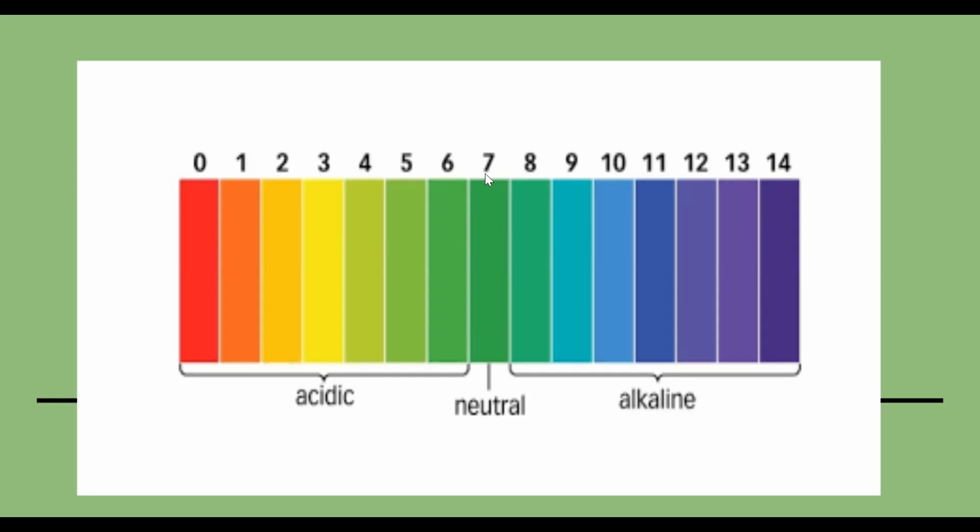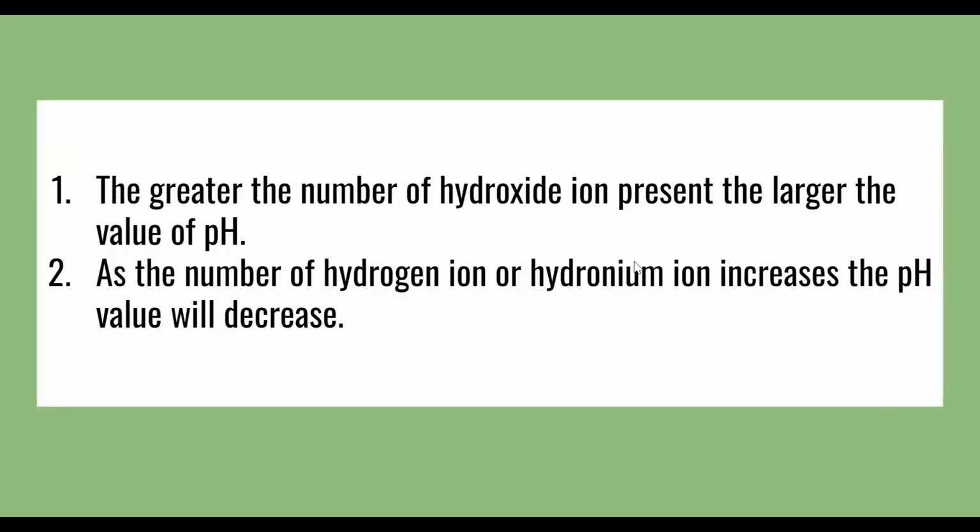We looked at it, water is neutral, pH 7. Anything below 7 is acidic, above 7 is basic or alkaline. So the greater the number of hydroxide ions present, the larger the value of pH. As the number of hydrogen ions and hydronium ions increases, the pH value will decrease.